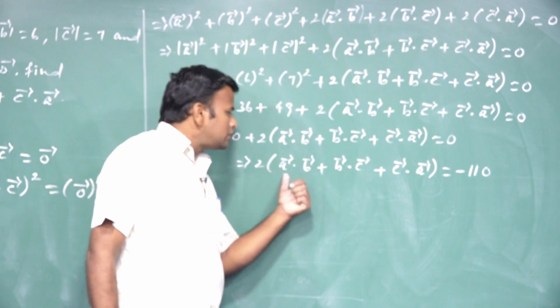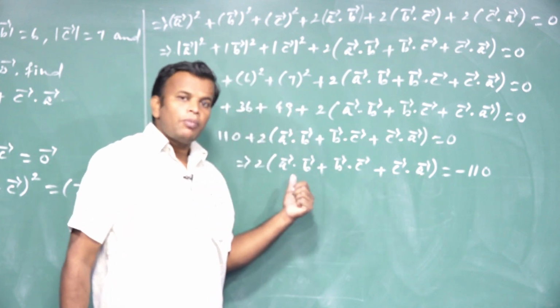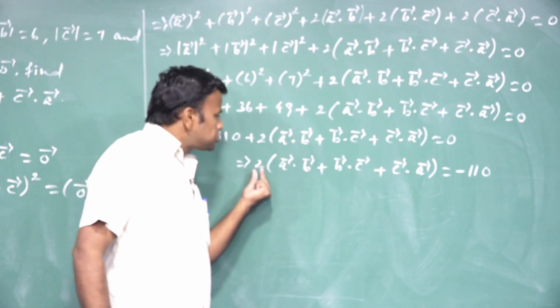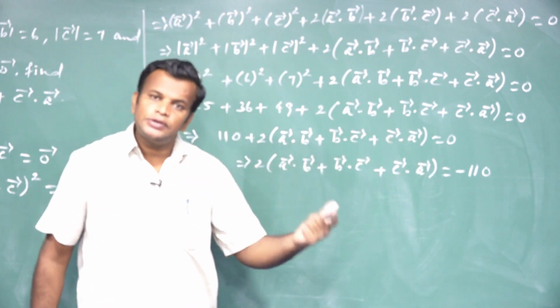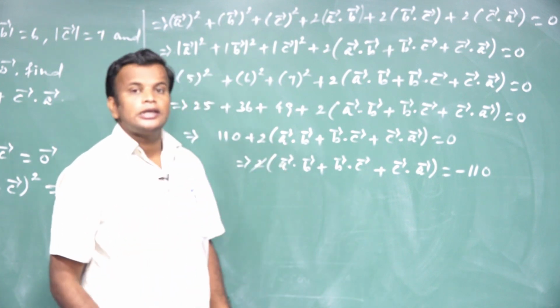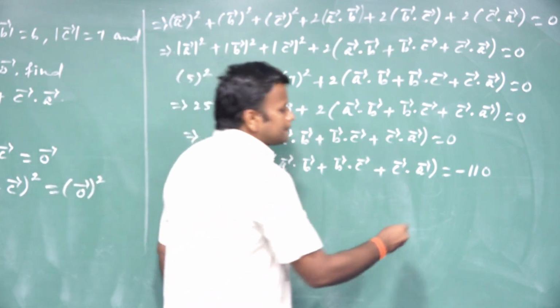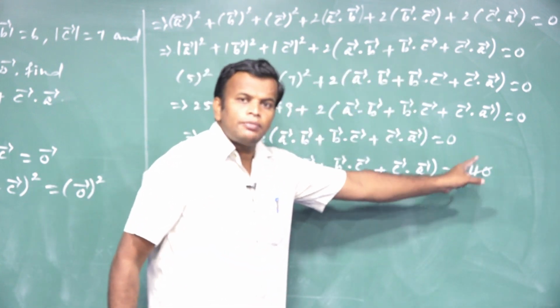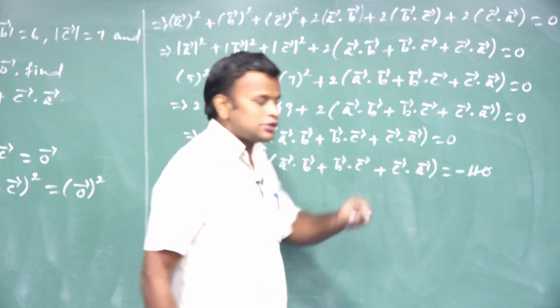The next step, we need that term only. But the term is multiplied by the number 2. The multiplication by 2 goes to the RHS as division, or we cancel here also. So 110 divided by 2: 5 times, remainder 1, 10 again 5 times.